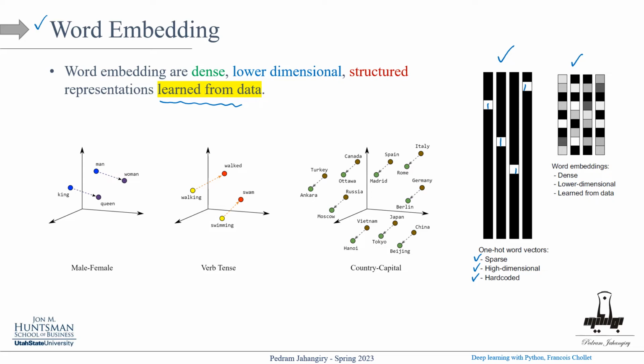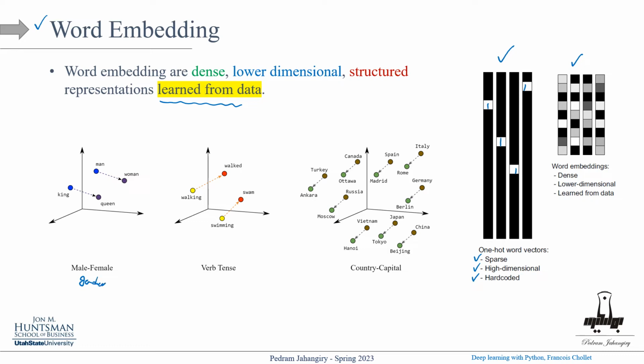So at the end of the day, word embedding is going to give you a bunch of features, typically thousands of them, that are interpretable and potentially useful. What do I mean by that? Let's say we end up with a word embedding vector called, I don't know, gender.